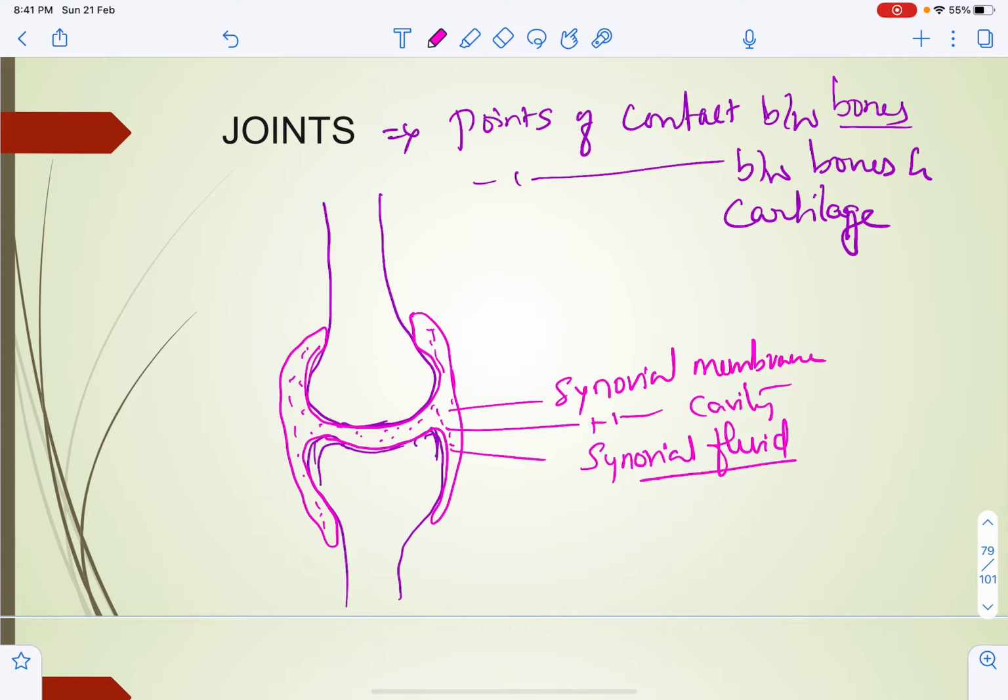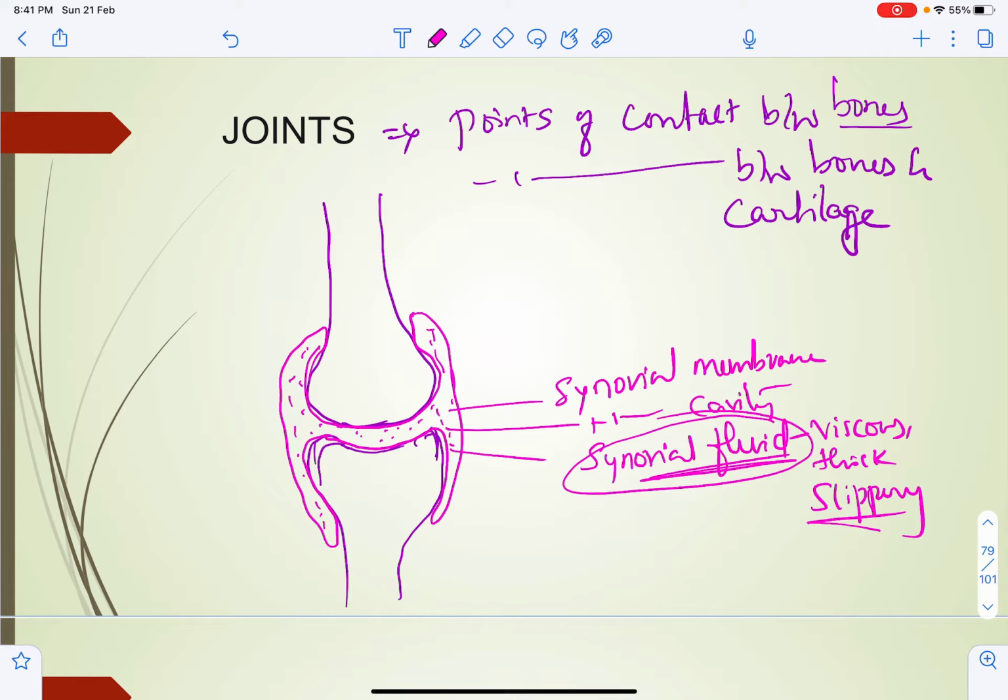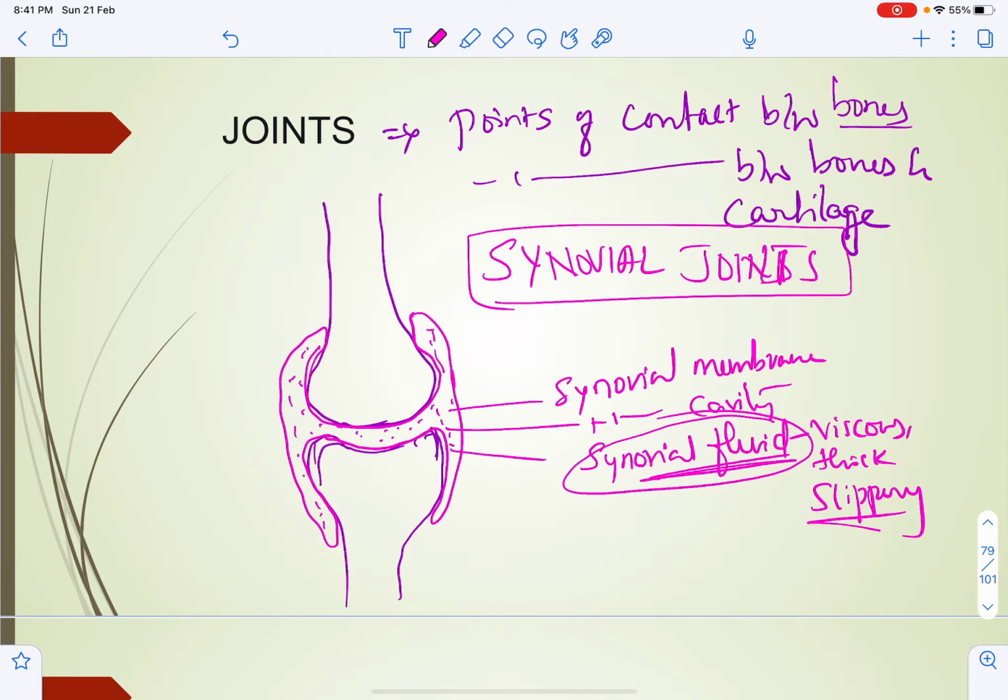So this synovial fluid is viscous, thick, slippery, right? Because of that, with the help of this fluid, there will be considerable movement in the synovial joints. So in one joint we can take, complete movement will be there because of the synovial fluid, right?